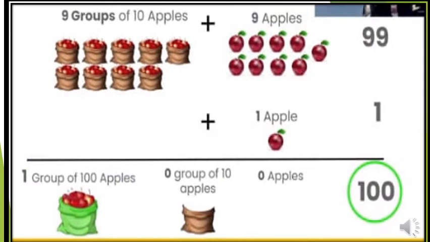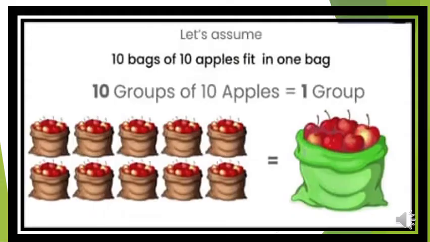Here what we observe is that one group of 100 apples fits in one big green bag. One group of 100 apples plus 0 groups of 10 apples plus 0 apples is always equal to 100 apples. Now let's assume that 10 groups of 10 apples fit in one big bag. So 10 groups of 10 apples is always equal to one group of 100.